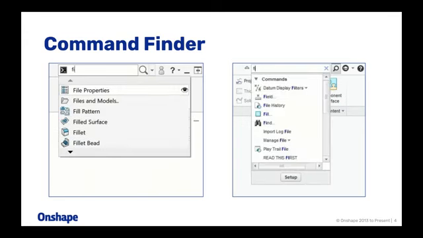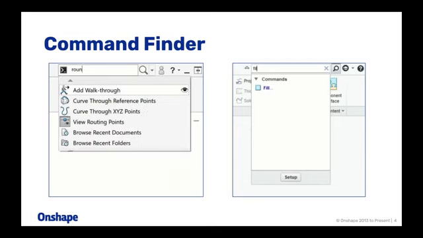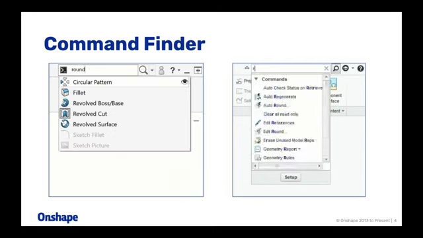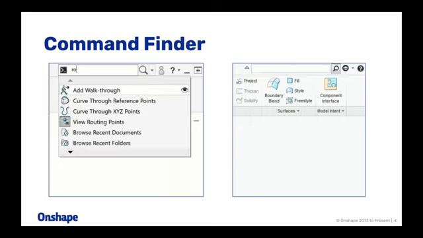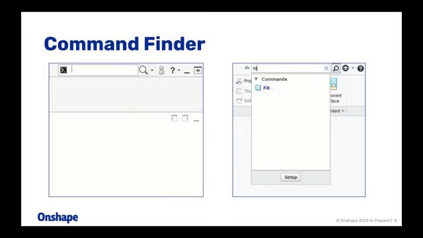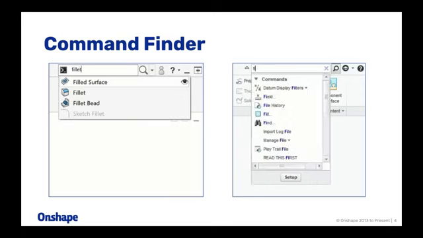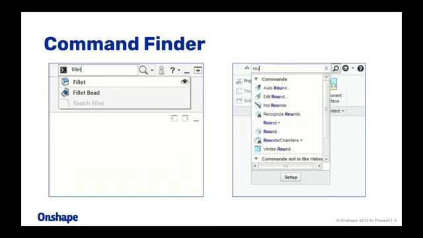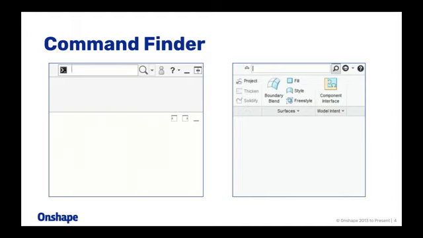And then if you type in round, it's going to find circular pattern, fillet, revolve. So anything that somebody might consider to be round is included in there. So, it's a clever tool. Now, unfortunately, Onshape does not have an equivalent at this time. So this is, again, why this webinar will be helpful to many in finding that equivalent command when you're trying to use Onshape for the very first time.